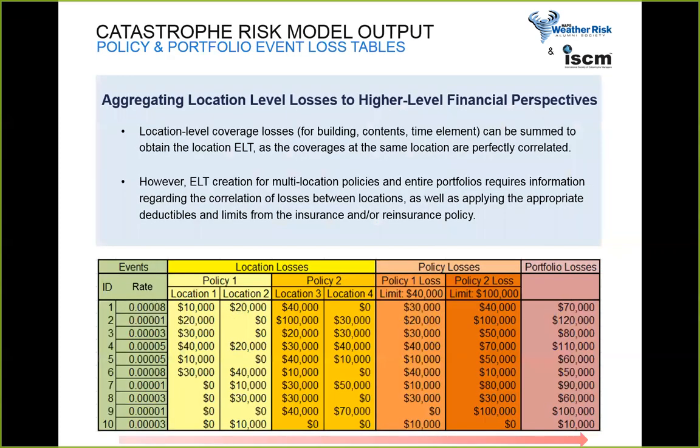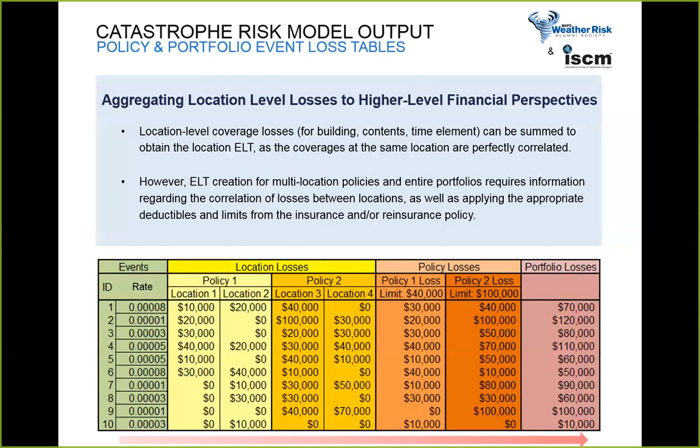Once you have the location level losses, the models can start aggregating to higher level financial perspectives, like the policy level and the portfolio level. Doing the location level losses is relatively easy because we can assume that all the coverages at the location, building, contents, time element, are perfectly correlated.